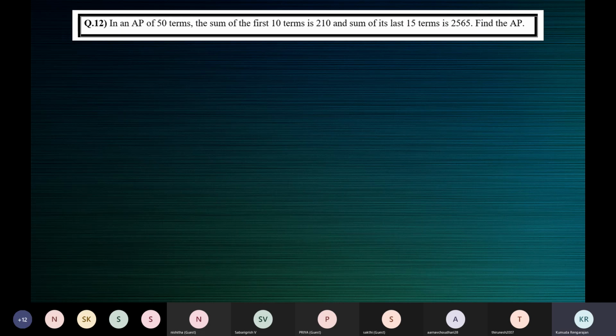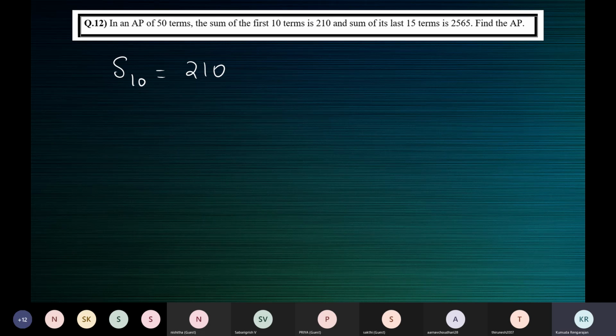Let's do this now. In an AP of 50 terms, the sum of the first 10 terms is 210, and the sum of its last 15 terms is 2565.